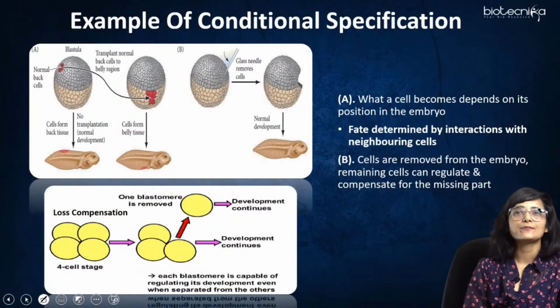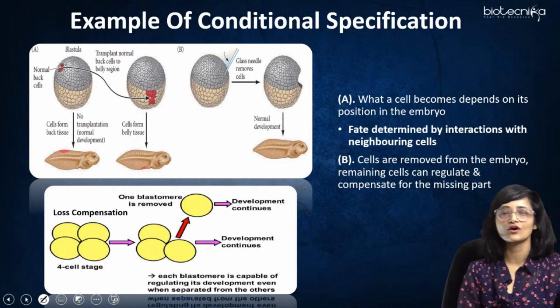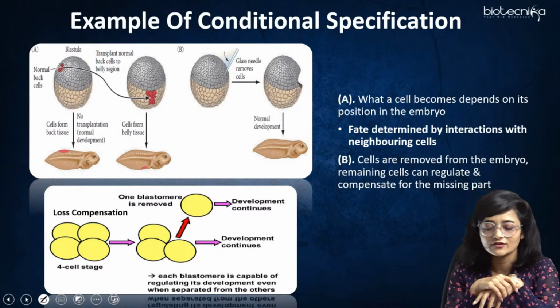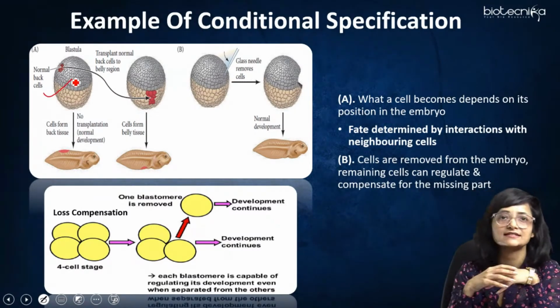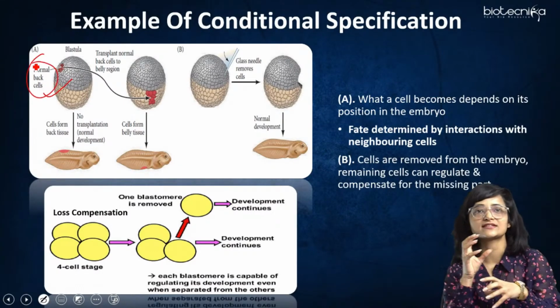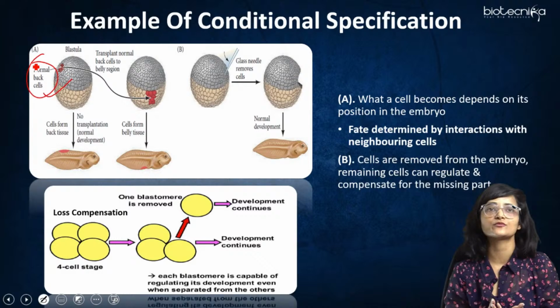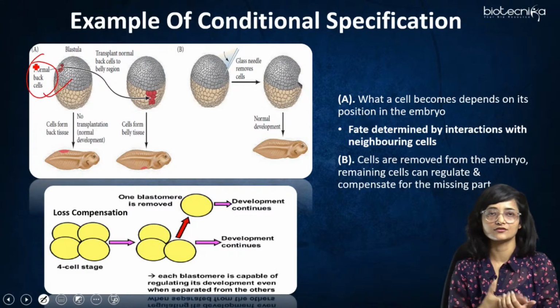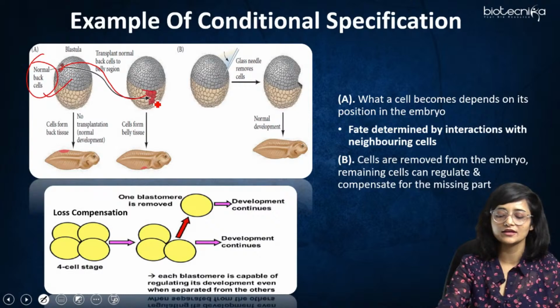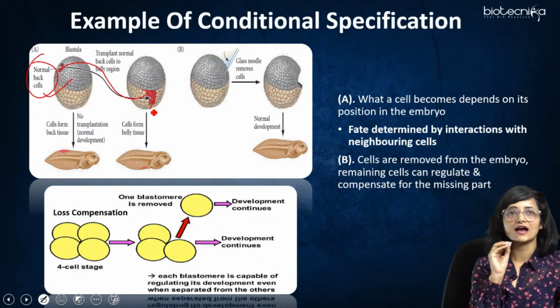Then coming to the example of conditional specification. Here an example is given. A blastula was taken, and the cells which were majorly responsible for producing the back of the organism were taken from there, isolated, and put inside the belly part.